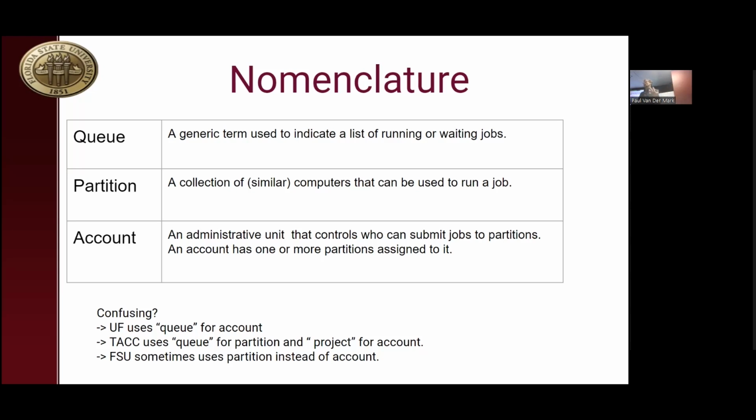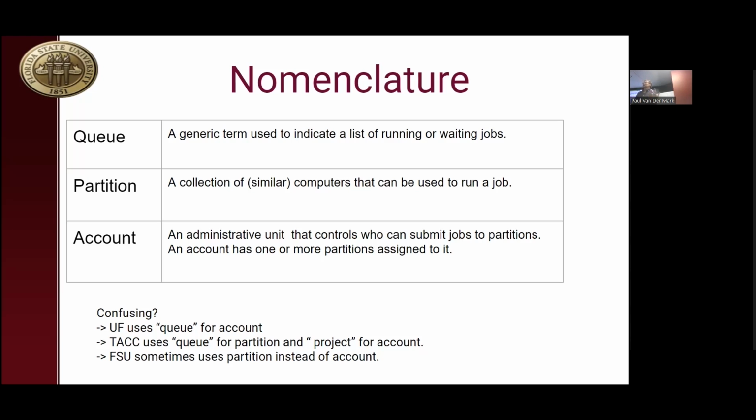And so I'd like to show some confusion. I looked at some other systems. At the University of Florida, in their documentation, everyone mentions queue when they actually mean account. And in the documentation, they even sometimes swap things around. TACC, which is the Texas Advanced Computing Center, a large national center in Austin, Texas, uses queue when they mean partition, and project when they mean account.